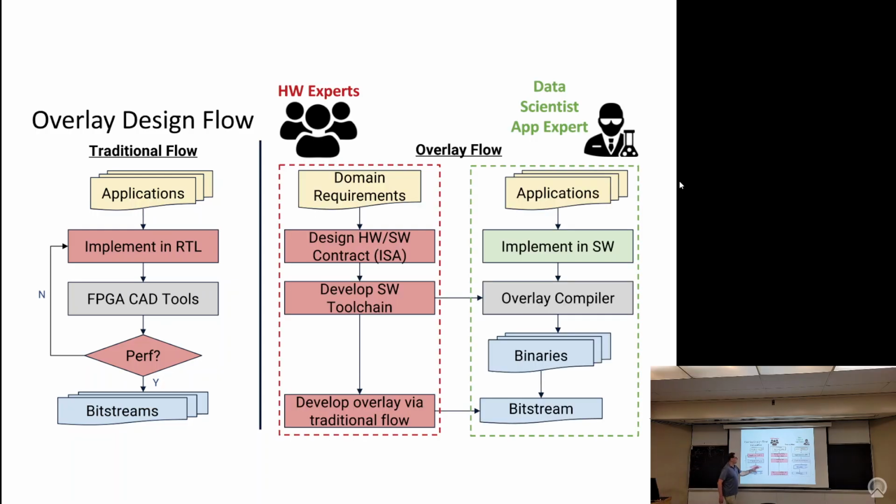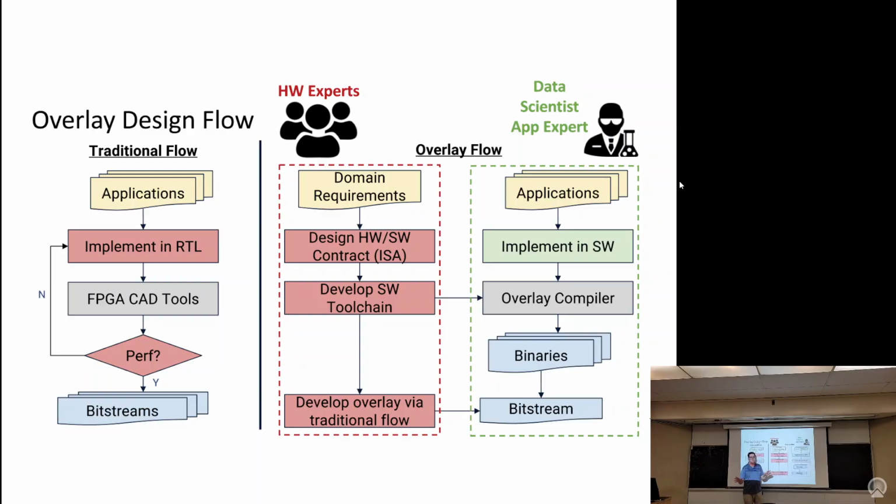If you build an overlay, you instead go, OK, what are the kinds of applications that I want to accelerate? You have to work out, well, what kind of hardware could accelerate that with an instruction stream? So you have to actually think of what is my instruction stream and what kind of hardware would that control to get good performance. And now you build two things. You basically build the hardware that has instruction control, so a very customized processor, and you build a software tool chain that can take inputs from the application developers and actually program the instructions for this thing.